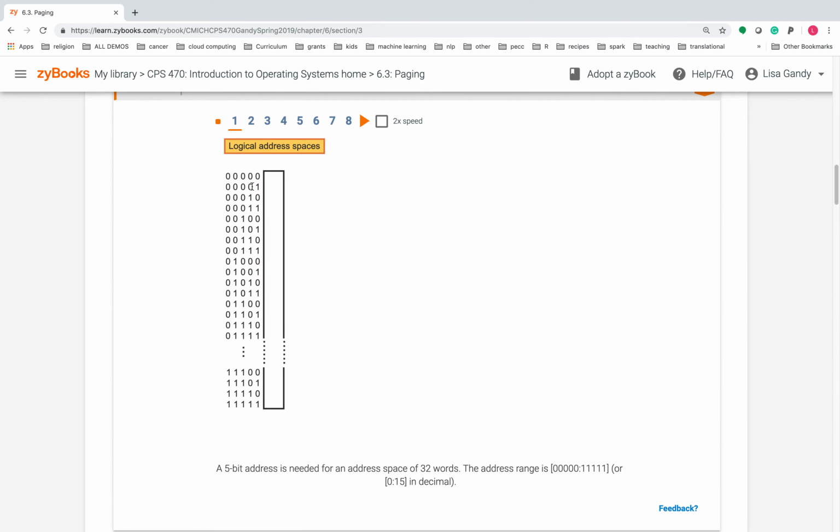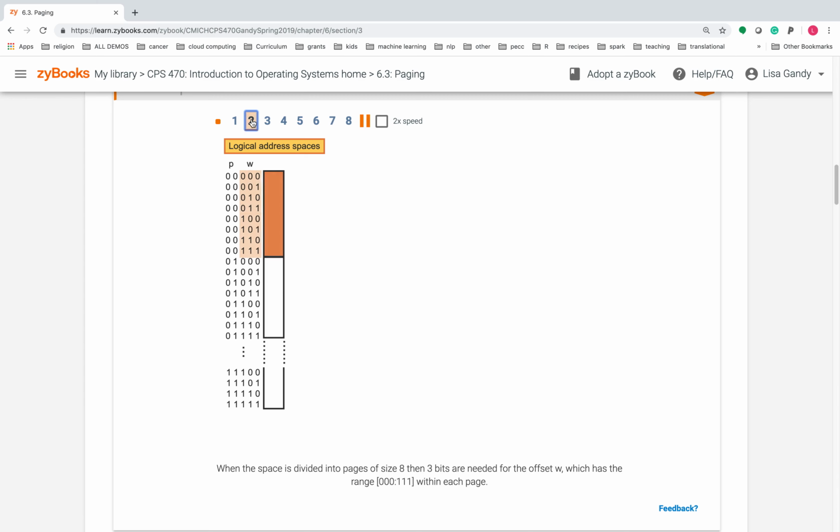So here we have a logical address space, and this is just an example. In this example, we have a 5-bit address, and we have 5 bits here because apparently this computer is designed to have an address space of 32 words. So if we remember, 2 to the 5th power will give us 32 words.